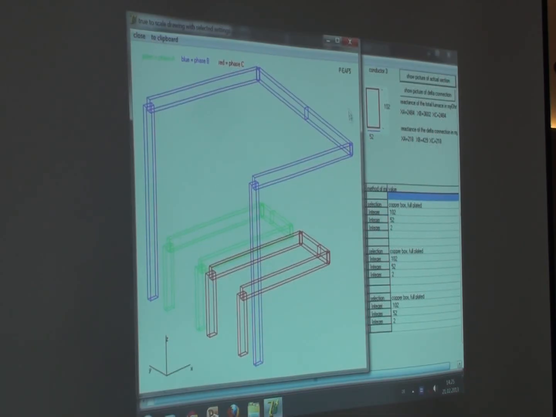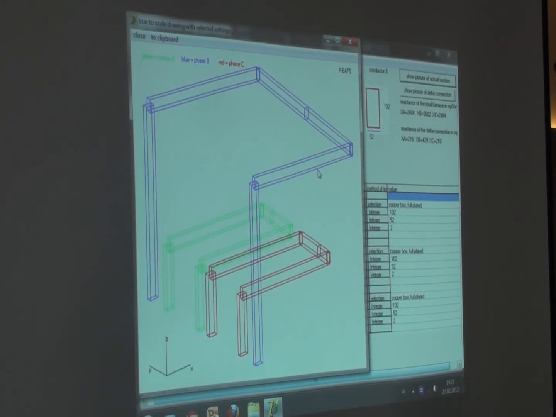And this gives you a little bit changing value. It's not necessary, but I tried this, and therefore I said this is an important point for people who make construction of delta star connection.